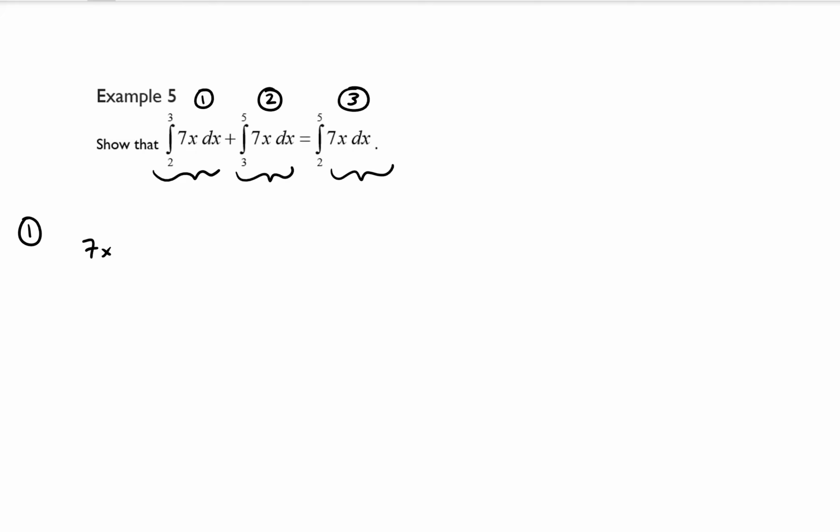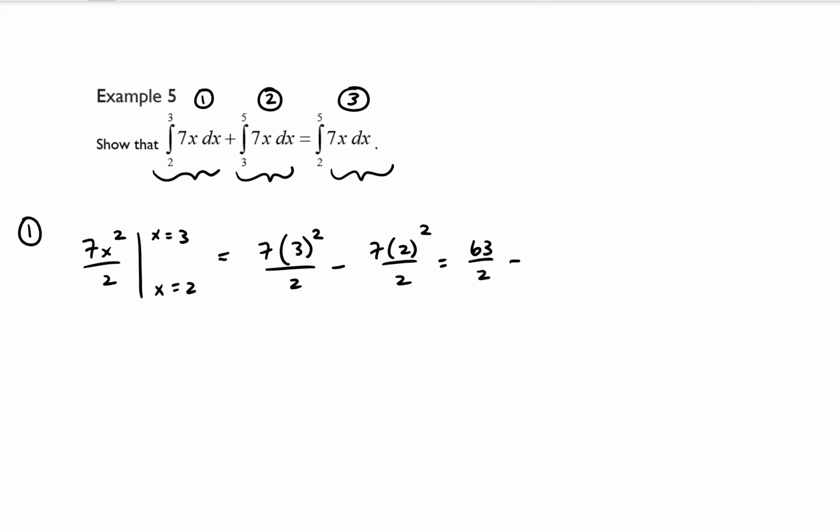So that's going to be 7x squared over 2, evaluated from x equals 2 to x equals 3, which is going to be 7 times 3 squared over 2 minus 7 times 2 squared over 2, which is 9 times 7 is 63 over 2 minus 28 over 2, which is going to equal 35 over 2. Okay, let's calculate integral number 2. That's going to be 7x squared over 2 evaluated from x equals 3 to x equals 5.